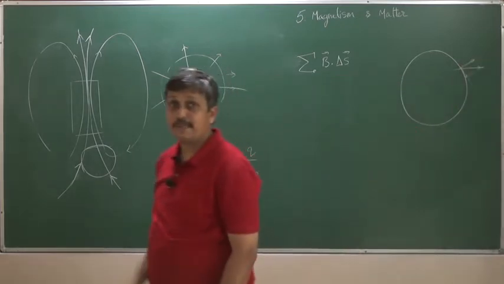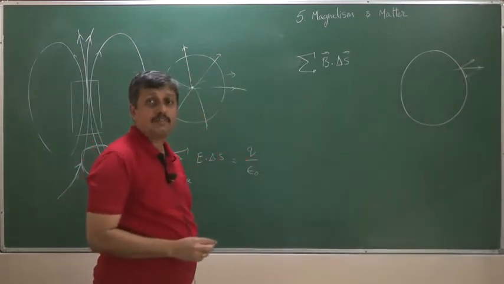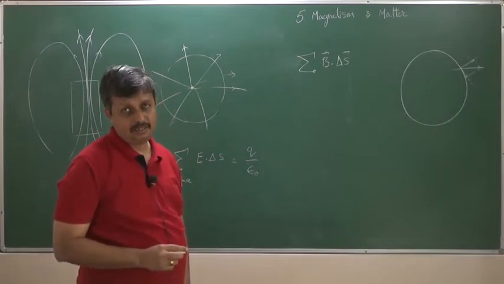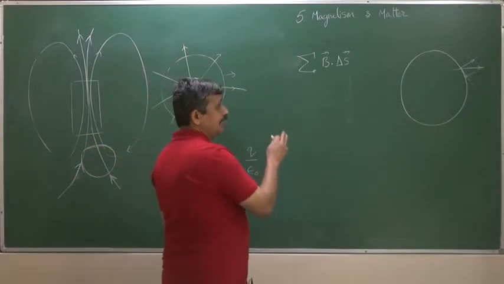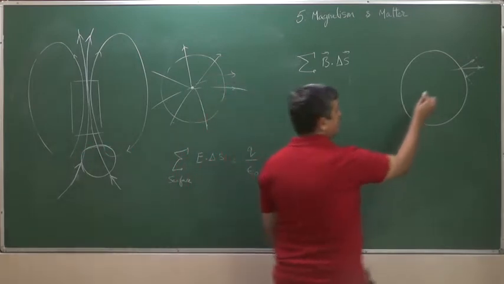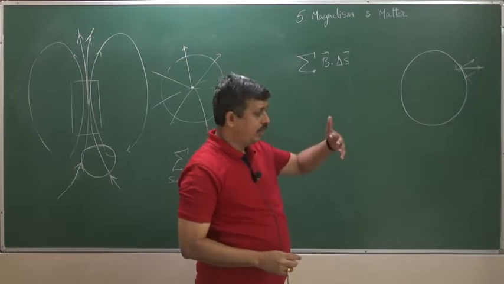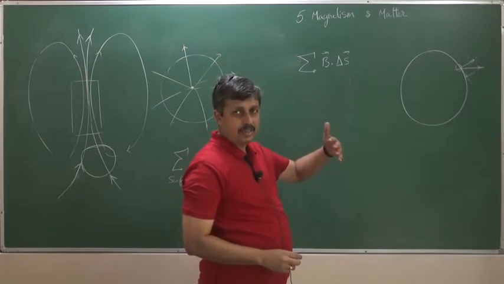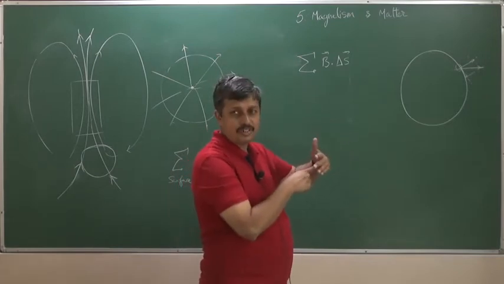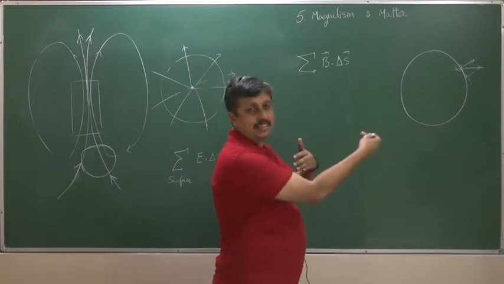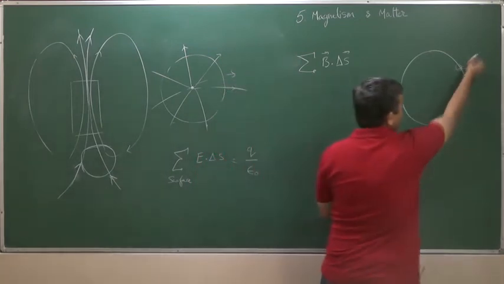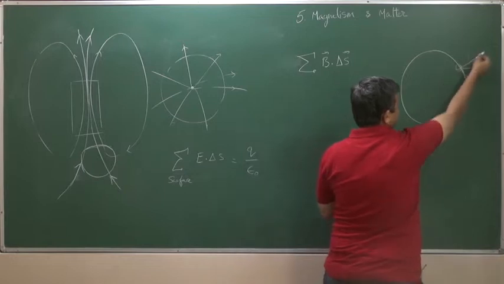That is the meaning of B dot delta S, because delta S is a small area, and the area is given by a vector perpendicular to it. So the area vector is like this, and the B vector is like this.